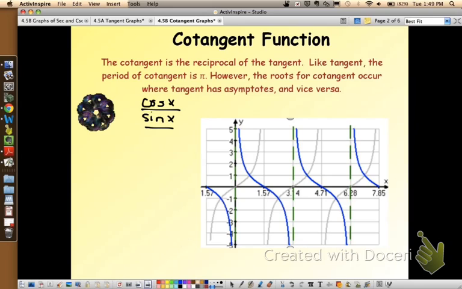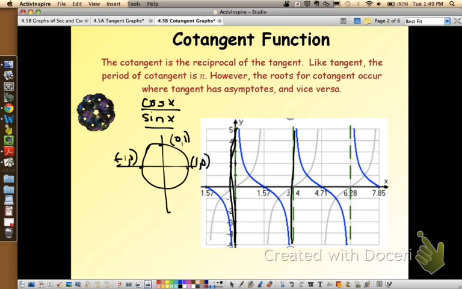And if we read off of the unit circle, the sine maps itself to the y value, and so this would be 0, 1, and 1, 0, and so on and so forth. And so right here at these two east-west points, we have the sine value equaling 0, and so that'd be at 0 and pi, and you can see that there's an asymptote here, and there's another one here at 0 and pi.